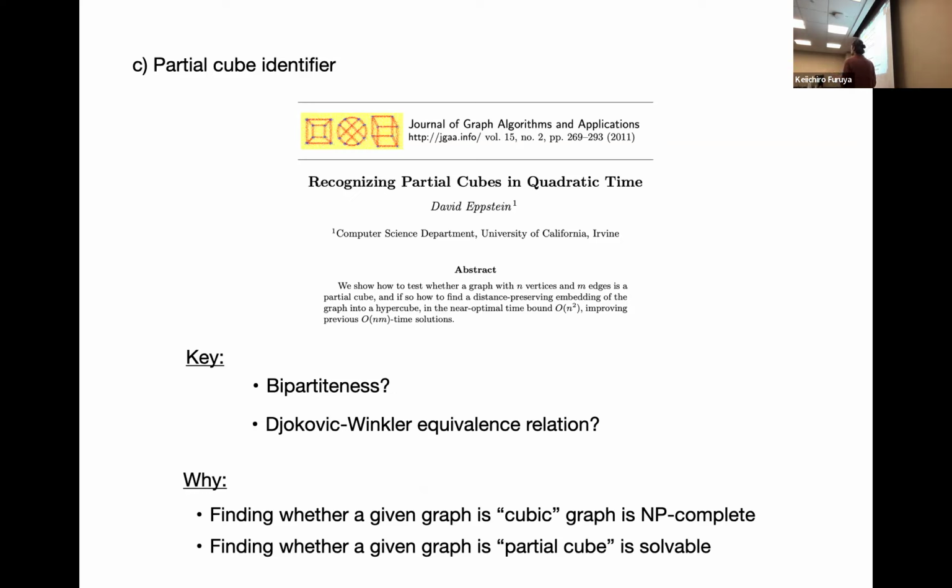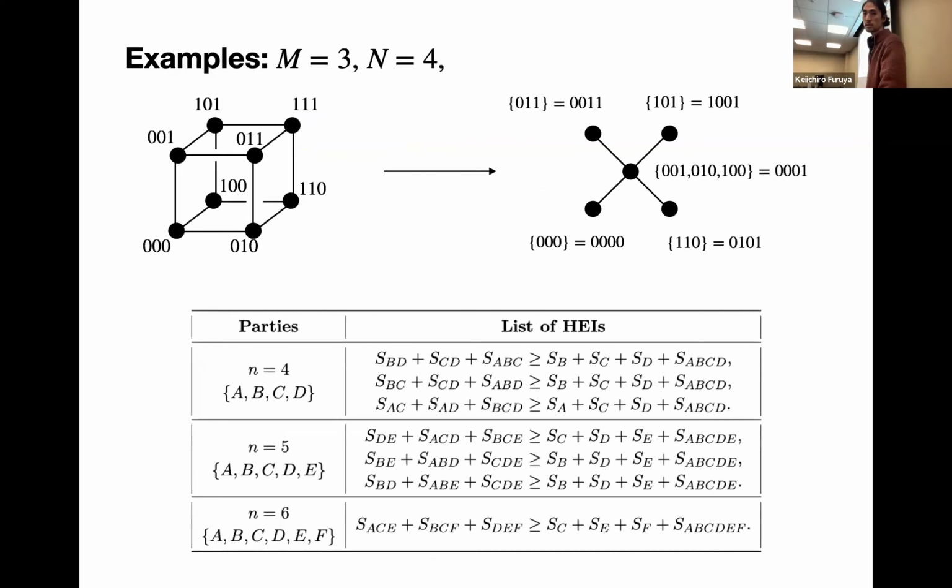Finding whether a given graph is a cubical graph or not is NP complete. So then we cannot solve the problem. So the partial cubeness is very important. And this is an example: after reading off this graph contraction, you can read off these inequalities, not all the random ones.